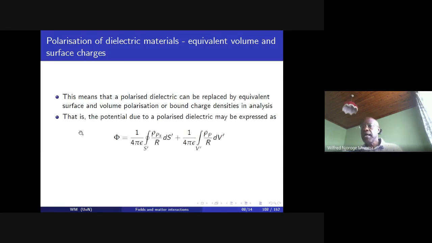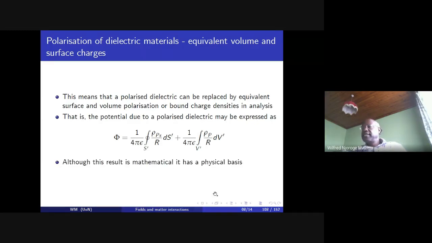So the potential due to the polarized dielectric may be expressed as phi equal to 1 over 4 pi epsilon, integrated over the surface, the bound surface charge densities, plus 1 over 4 pi epsilon, the integral over the volume of the bound volume charge density over the volume of the dielectric.